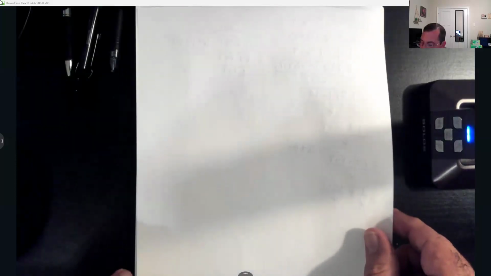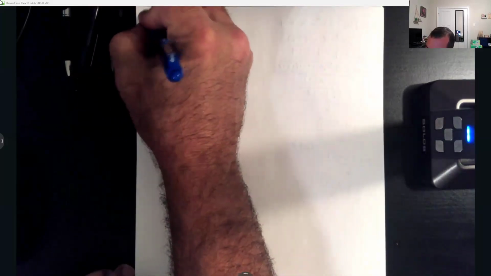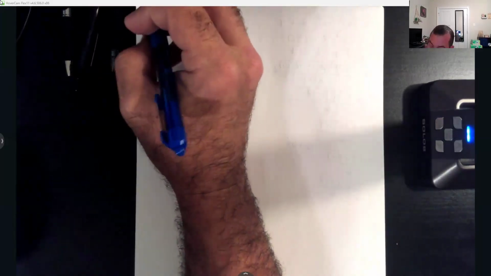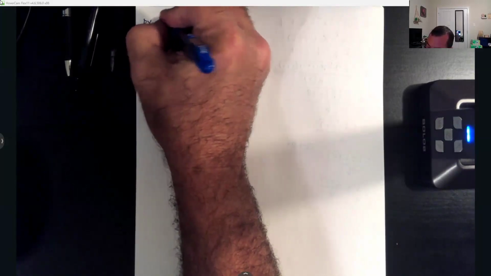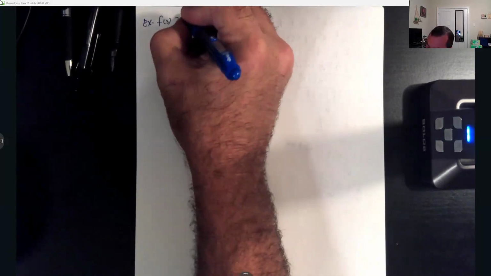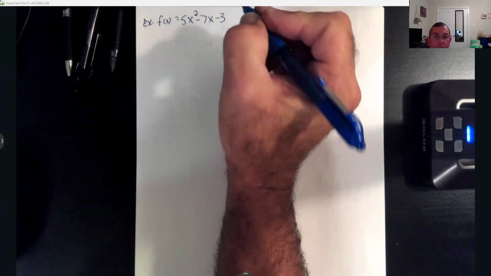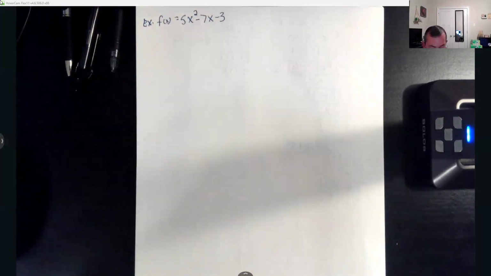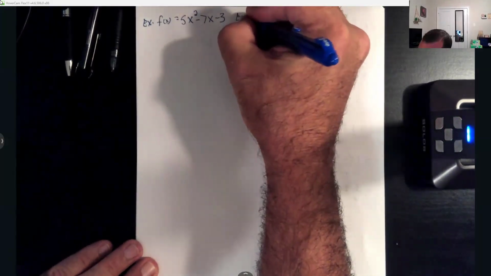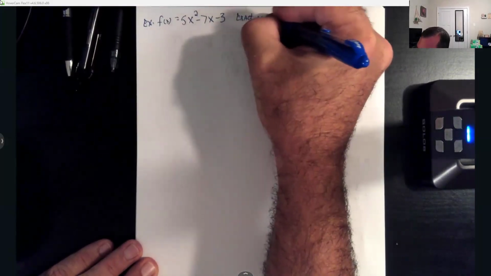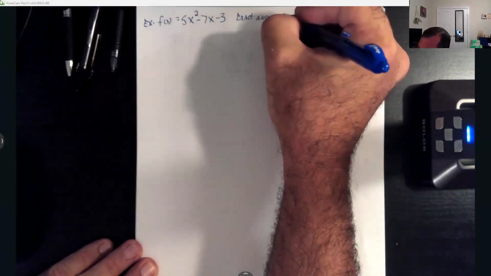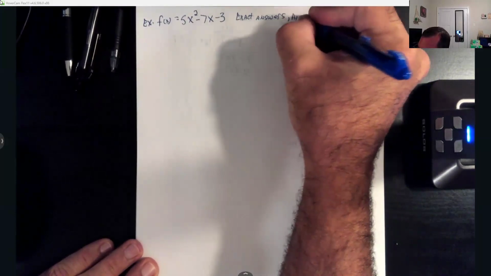Oh, y'all, let me see what they're doing on this next one. So this one, they're giving us f of x equals 5x squared minus 7x minus 3. Now, they want exact answers and approximations.